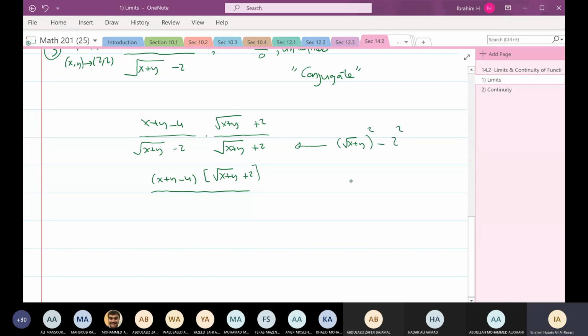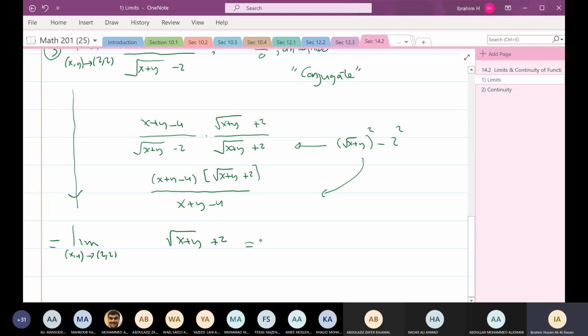When you simplify, you get x plus y minus 4. Cancel. So always when you have 0 over 0, there is a cancellation. I cancel these two terms. You get root x plus y plus 2. Now the limit as (x, y) approaches (2, 2): you just bring it here and substitute.